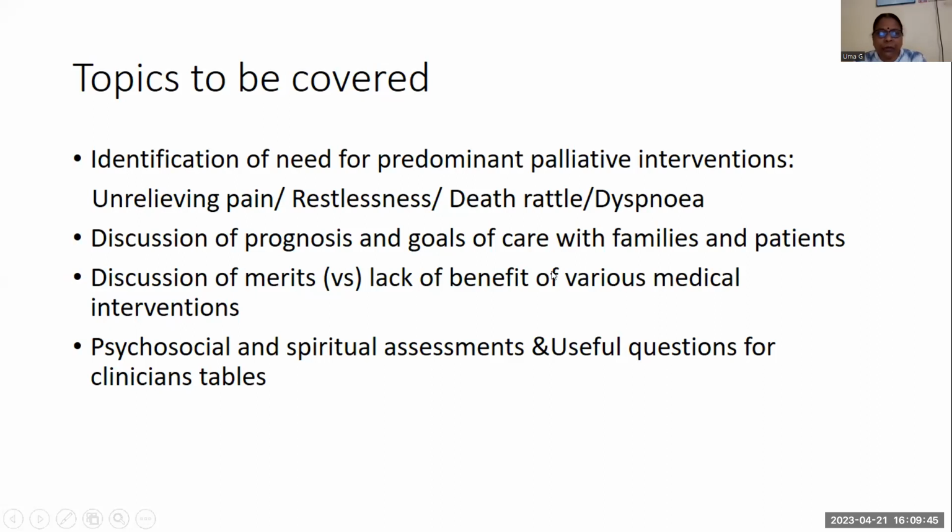Discussion of prognosis and goals of care with the family and the patient. Discussion of merits versus lack of benefit of various medical interventions. At the same time, we have to take care of psychosocial and spiritual assessments and useful persons for the clinician's table. So the student has to be at least aware of all this, so that later, if they want to take up palliative care or once they become physicians, they'll be able to address all this. Next slide.